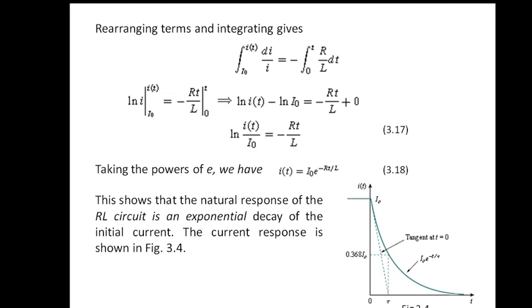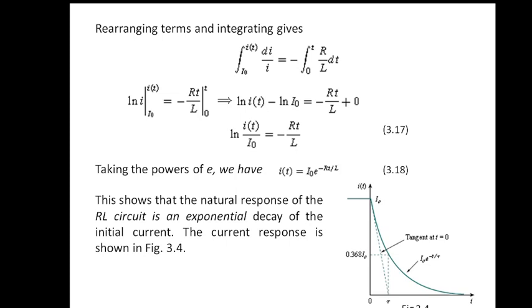Okay, now from this equation we can find the time constant. We know the time constant, right? How much it is decaying, how much it is increasing. So in this expression, I of t equal to I naught e power minus t by tau, where tau is nothing but the time constant.